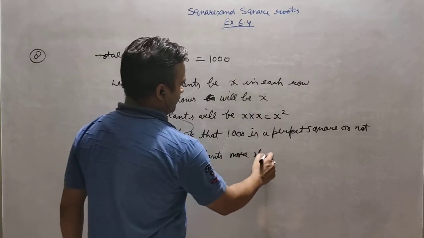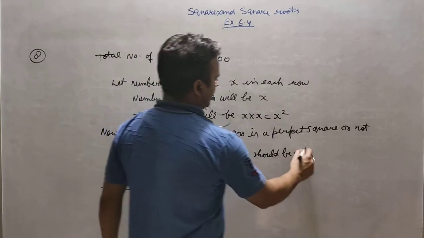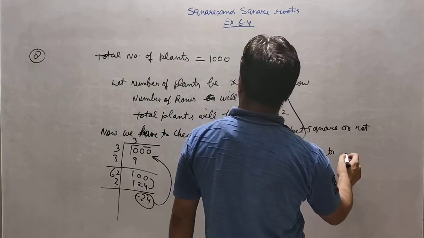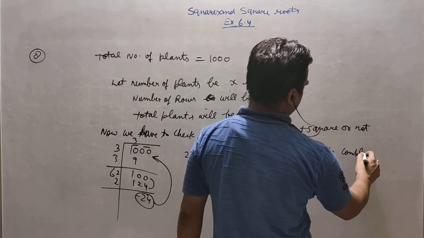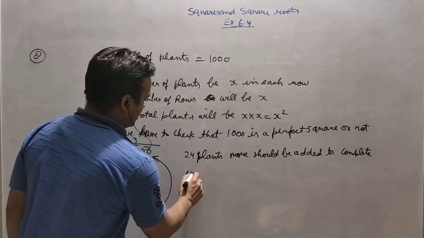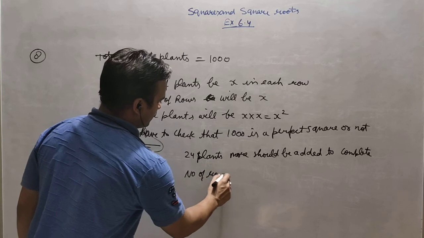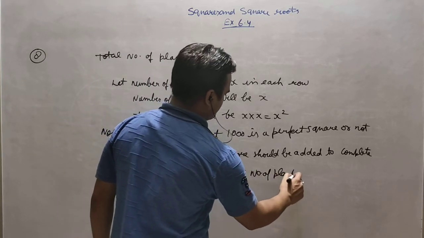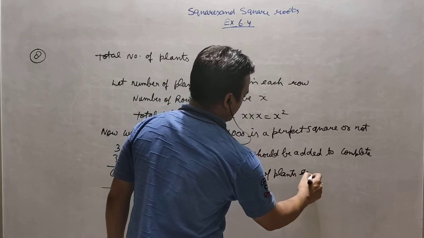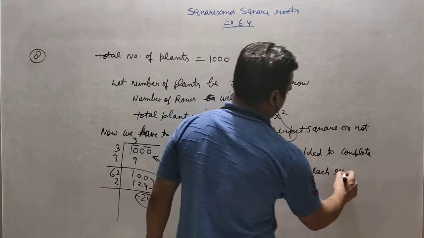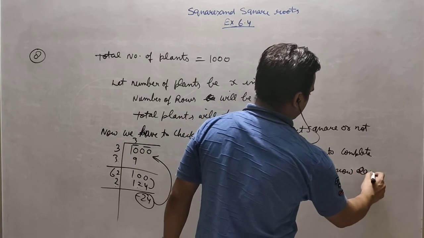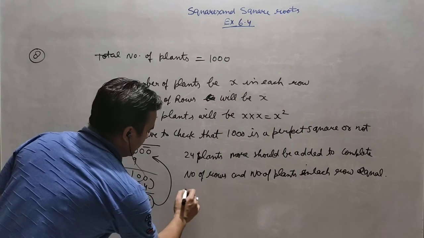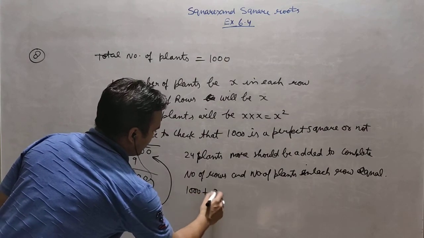more should be added to complete number of rows and number of plants in each row equal. So it means now how many plants are here? 1024.